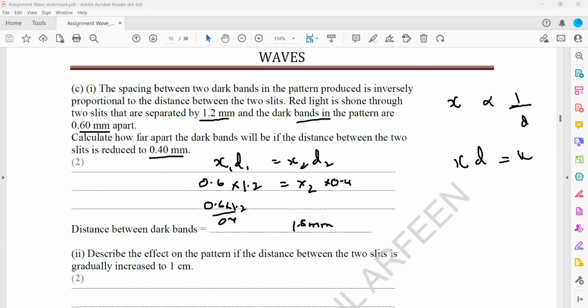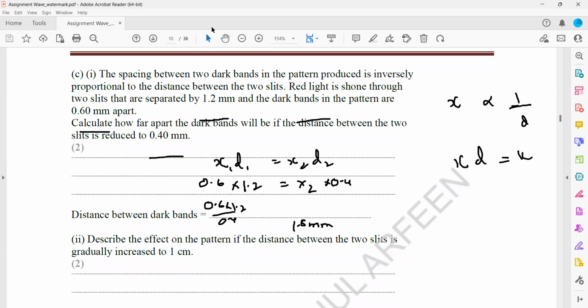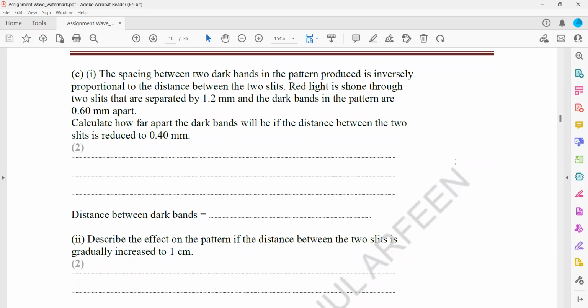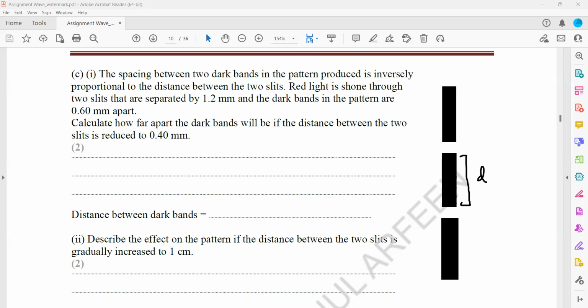Then we have to describe the effect on the pattern if the distance between the two slits gradually increases to 1 centimeter. As we know, the distance between the slits is inversely proportional to the distance between the fringes or the lines on the screen.